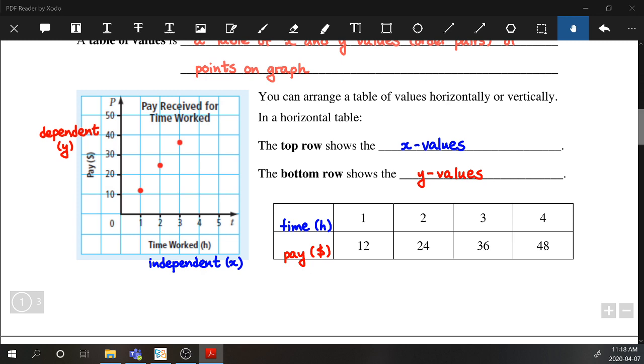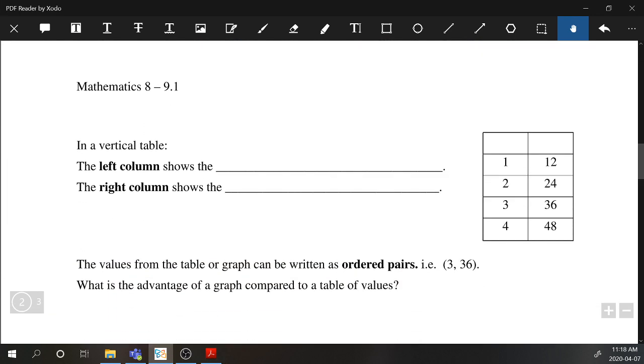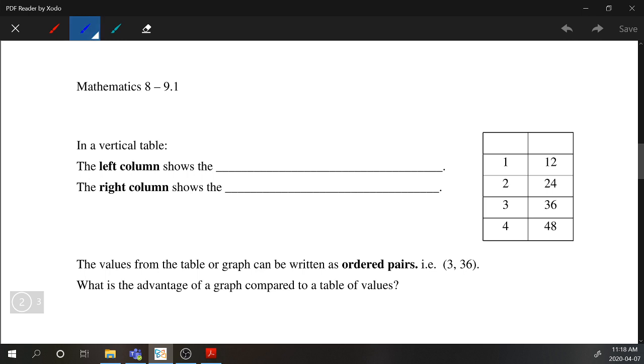Now, if you were to use a vertical table of values, then the left column will be the x and the right column will be the y.